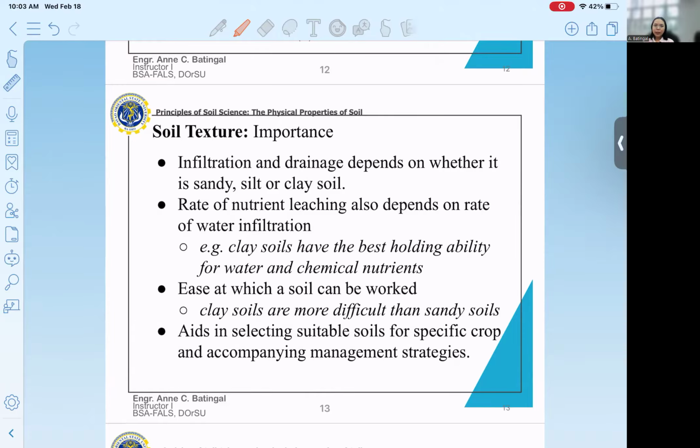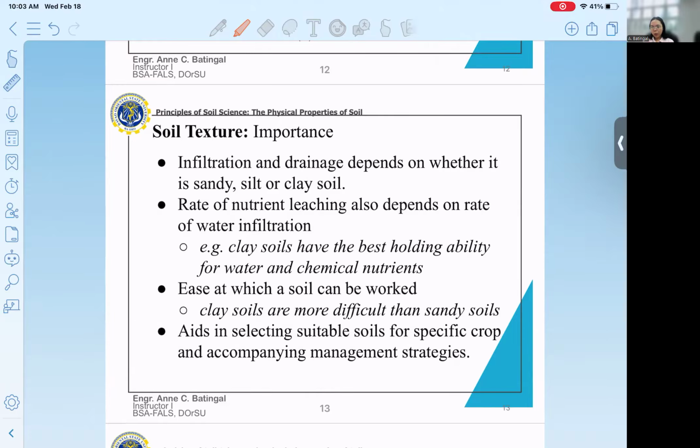In terms of infiltration, how fast water goes down into your soil, in clay soil infiltration is lower because clay holds water. Sandy soils and silty soils promote better infiltration and drainage. Again, we have to strike a balance. Also, the rate of nutrient leaching depends on the rate of water infiltration. For example, clay soils have the best holding ability for water and chemical nutrients.